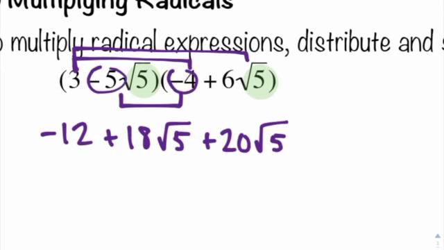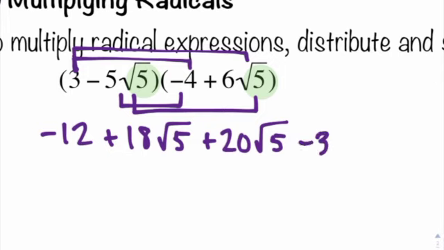Now here's the tricky part. Negative 5 radical 5 times 6 radical 5. Remember your rules. The outside ones will multiply. So negative 5 times 6, that's easy. That's negative 30. But the radical 5 times the radical 5, remember, if they're the same root, you can just multiply what's inside the radical together. 5 times 5 would be 25.